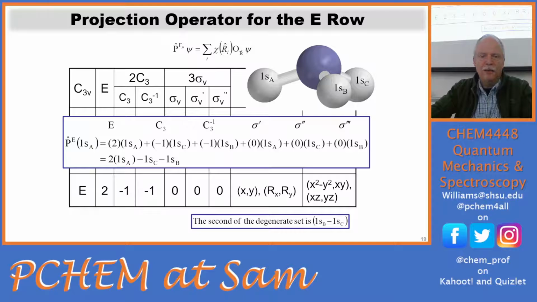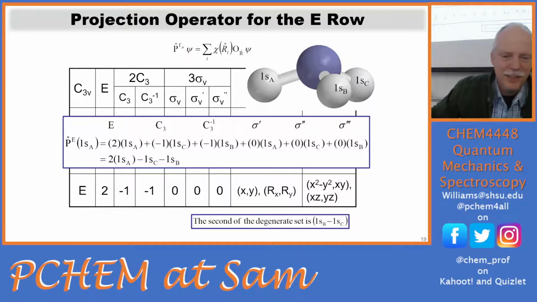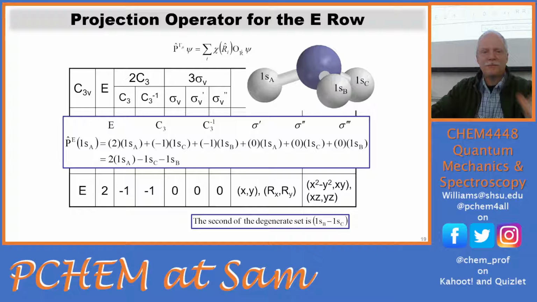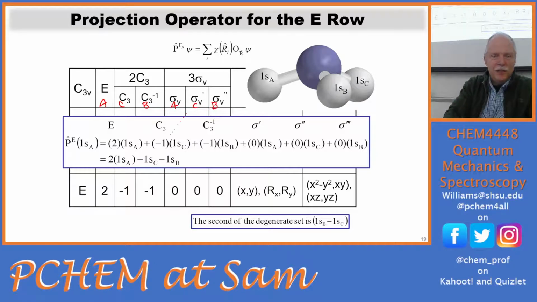Okay, now for the fun one. This doubly degenerate row down at the bottom. Same order, ACB, ACB. And then, because this is doubly degenerate, we have a 2 as our character. So this is the first time E actually is different. E has something interesting here.